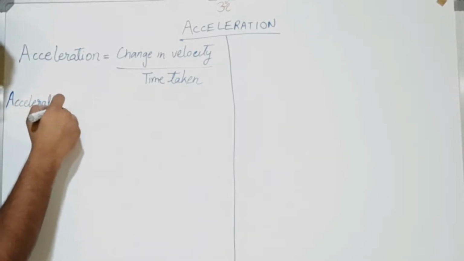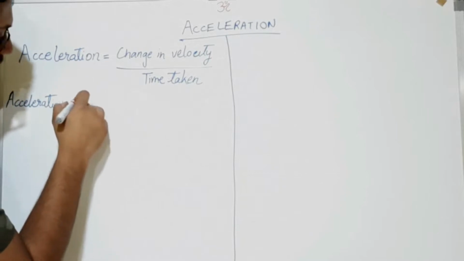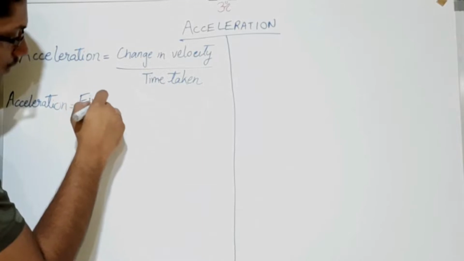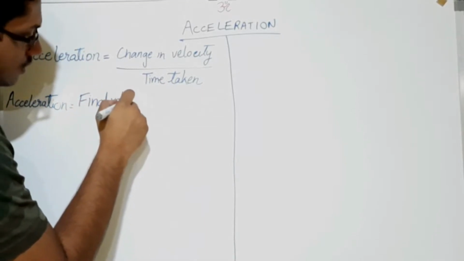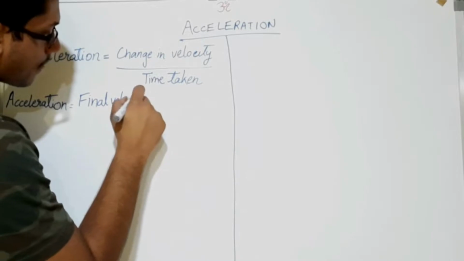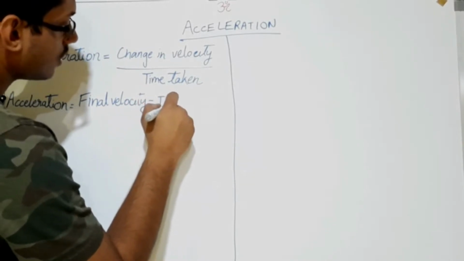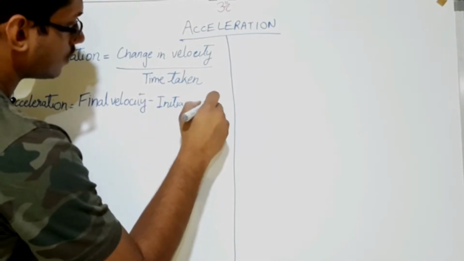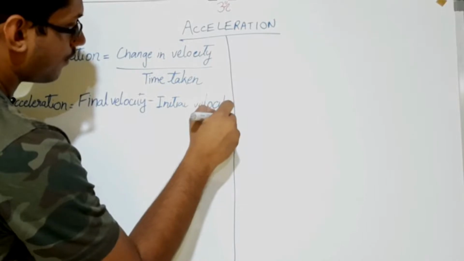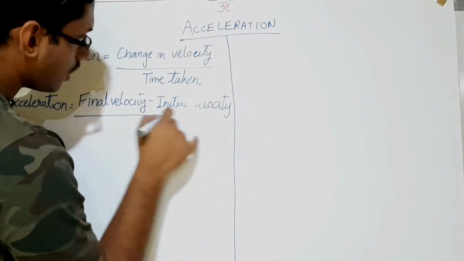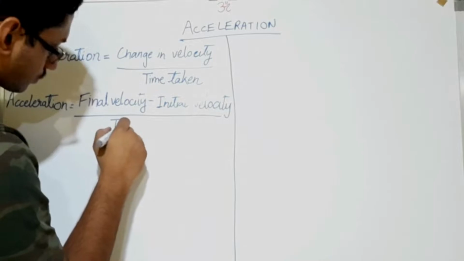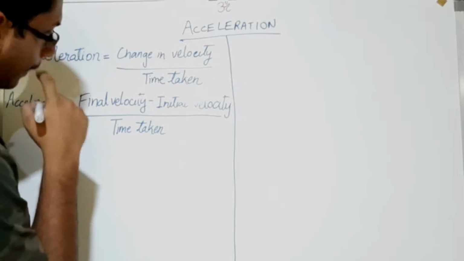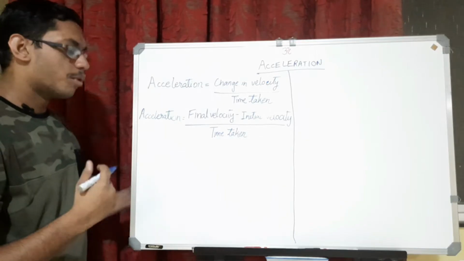Acceleration is equal to final velocity, change in velocity. It is better to write it like this: final velocity minus initial velocity upon time taken.